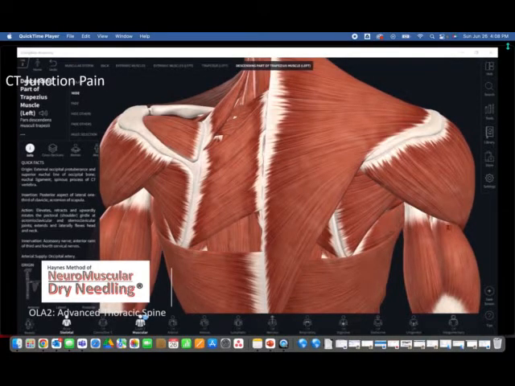Again, rhomboid major, and then serratus anterior, and then subscap on the anterior surface of the scapula itself. Lastly, we'll get down to some proximal spinal segmental locations, and again, anywhere from C5 all the way down to the mid-thoracic region. Good needling location for local segmental tri-needling approach.